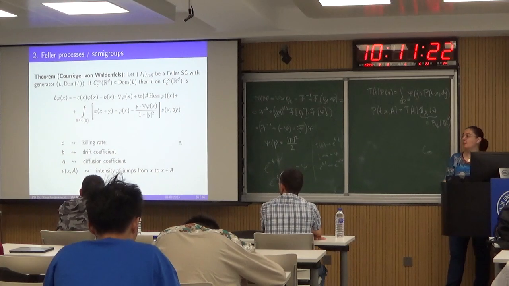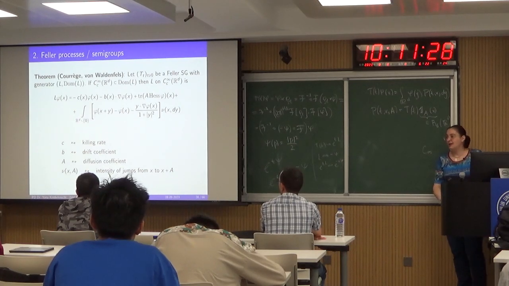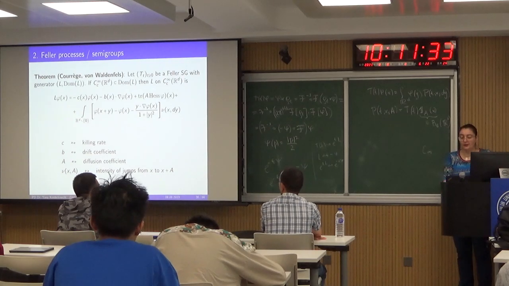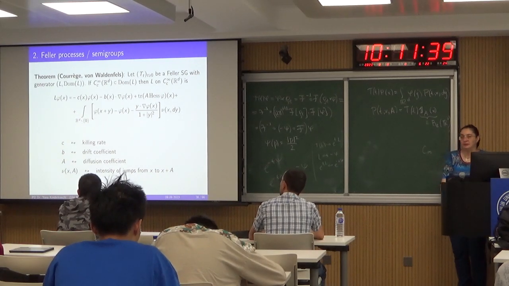So this is something new in relation to what was last week. Last week we discussed processes with continuous paths. Now, Feller processes are not only processes with continuous paths, jumps are also included.